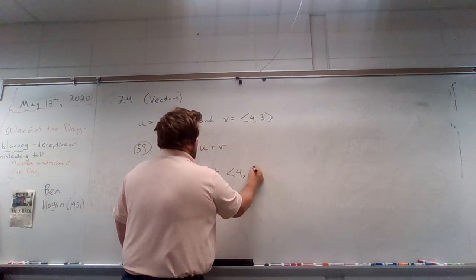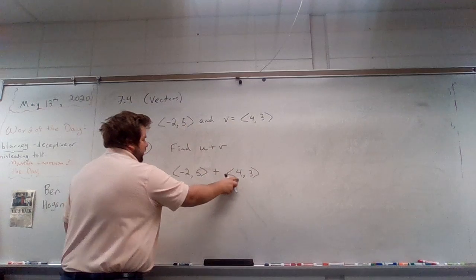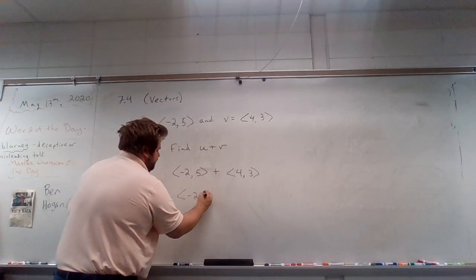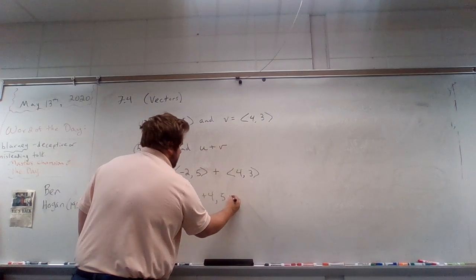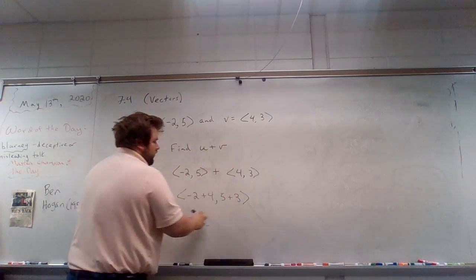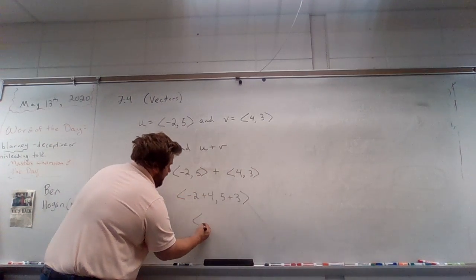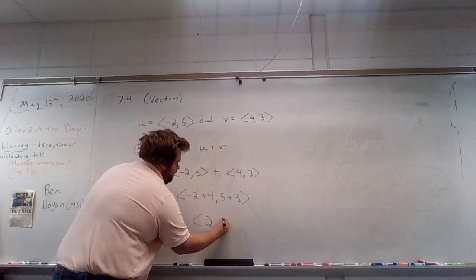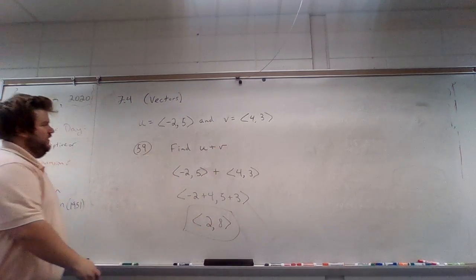So when you add these vectors, you do so component-wise. So negative 2 plus 4, comma, 5 plus 3. So when I add these two vectors, I'm going to get 2, comma, 8. That's it.